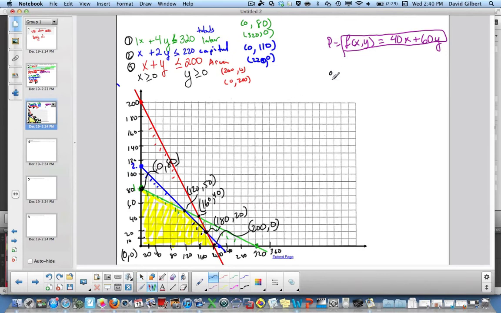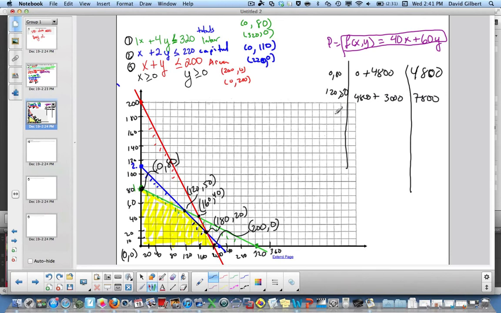So we got 0, 80, and that's going to give me, plug that in, 40 times 0 is 0, plus 80 times 60 is 4,800, so 4,800. And then our other points, 120, 50 gives us 4,800 plus 3 grand, which is 7,800.